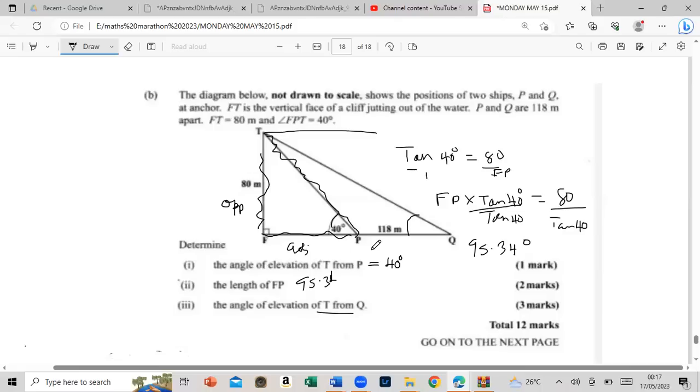I would at least need to find this length too. Oh, I know it. We had just found this and we're given this. So it's 95.34.